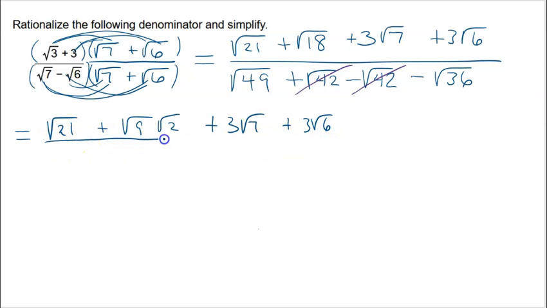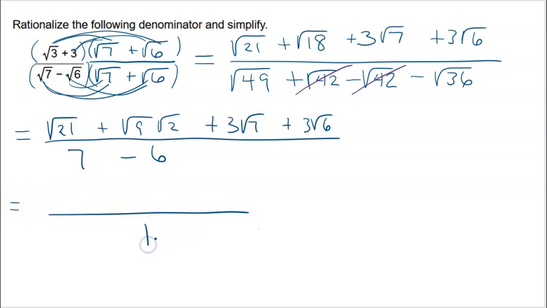But in the denominator, this is going to look much better. The square root of 49, that's 7. The square root of 42 is canceled. We were talking about that, and minus the square root of 36 is 6. You know what? That just leaves a 1 in the denominator. Ooh, that's nice. Okay, so now that's a 1. The square root of 21 plus 3 square root of 2 plus 3 square root of 7 plus 3 square root of 6.